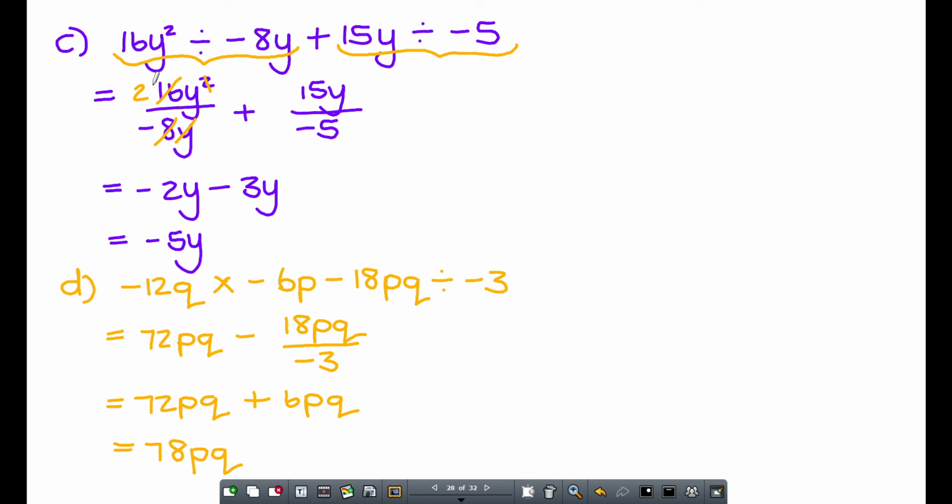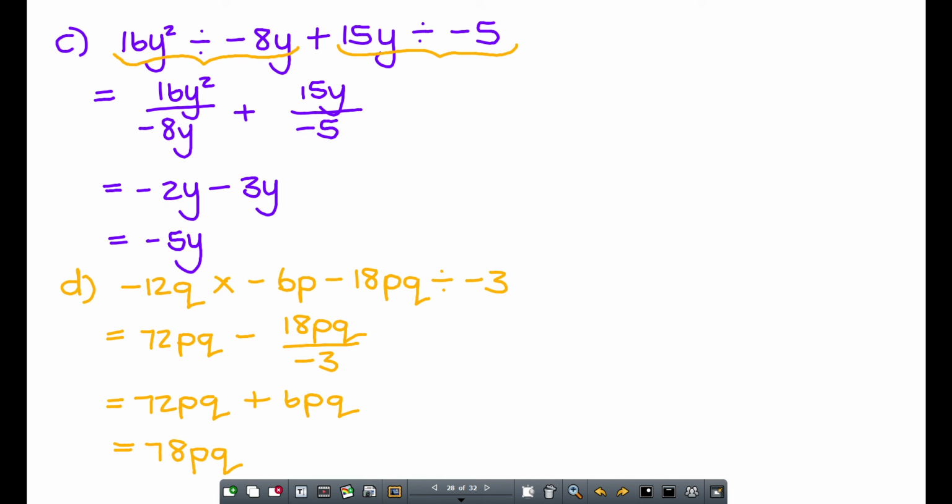So that's why in the first term I have left minus 2y. In the second term, 5 will go in once, and 5 will go in 3 times. So it's actually 3y over minus 1, and that's the same as minus 3y. Do you guys all get that part?